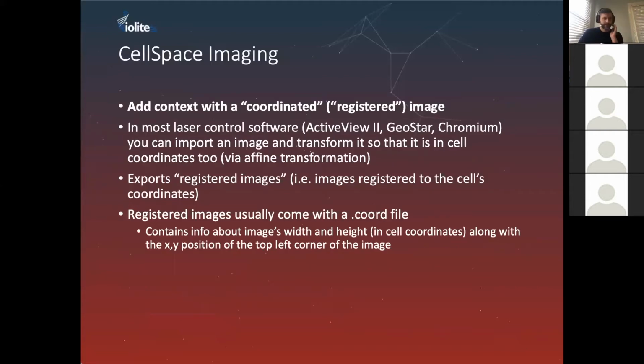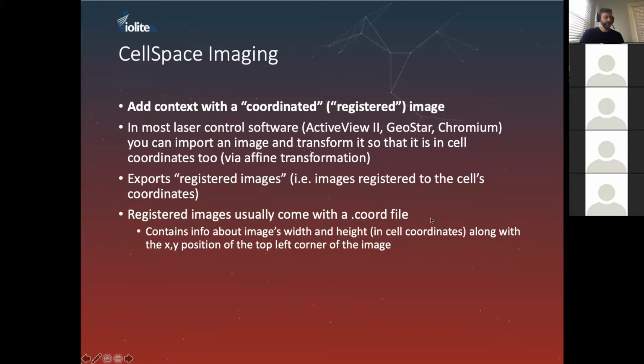I also mentioned that you can add some context to your images by loading coordinated images. These days, I think all the laser control software allows you to import an image and transform it so that it's in the same coordinates as your cell. And then you can export those images that you can then import into iolite. These are usually called either registered images or coordinated images.